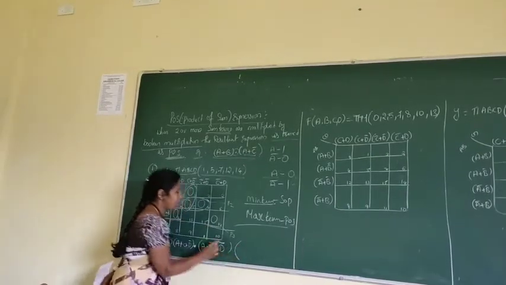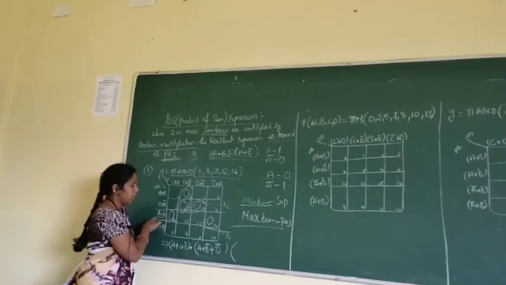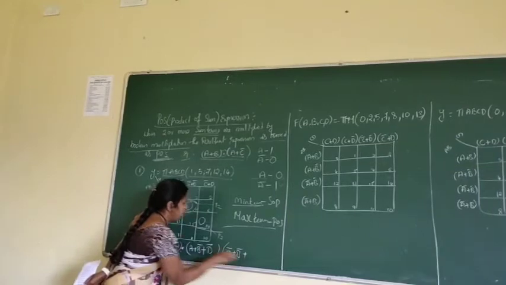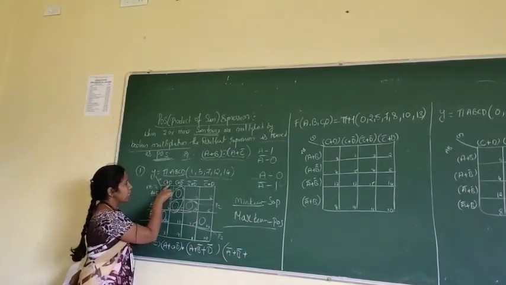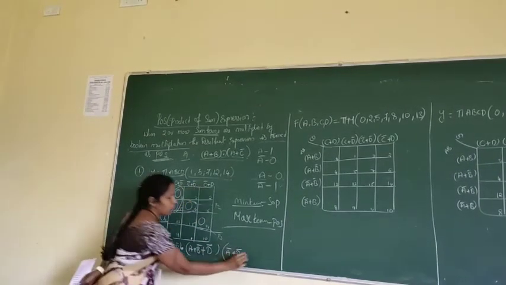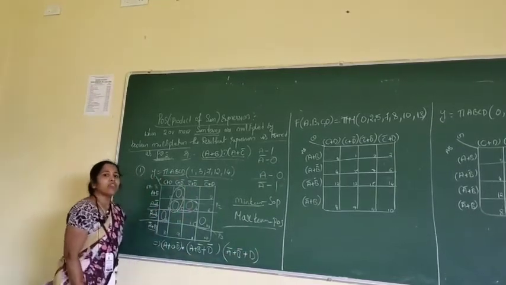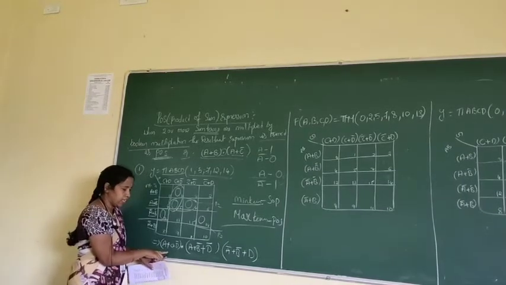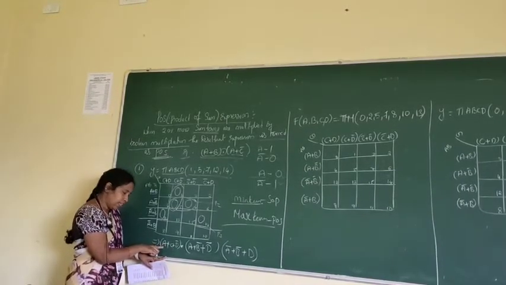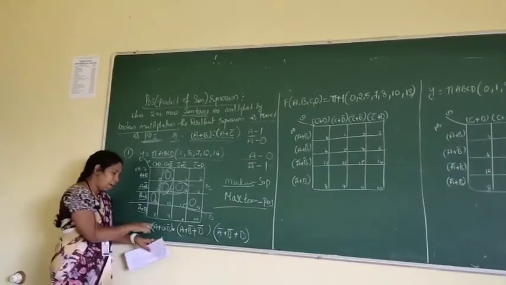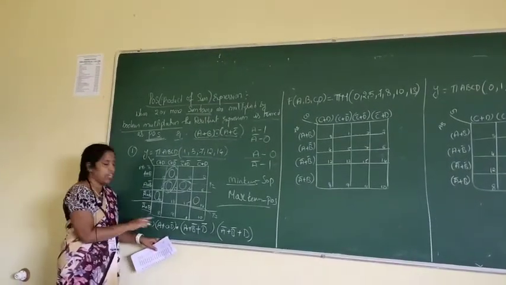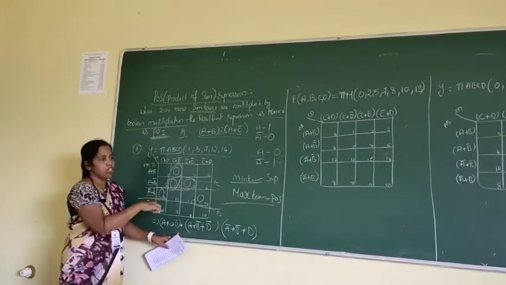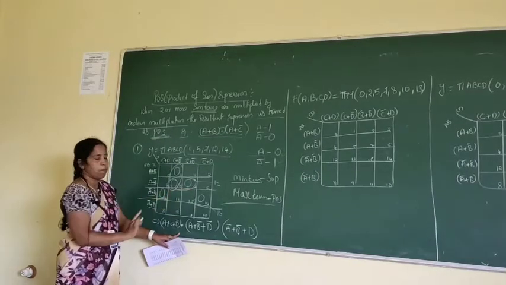Next, the third pair: for this third row you have A bar plus B bar, plus these two columns, where C bar will get cancelled and you get D. If you want to write the SOP term in this case, A will be replaced with A bar, plus will be replaced with multiplication, C will be replaced with C bar, and D bar will be replaced with D. So for that example we can write SOP as well as POS expression.